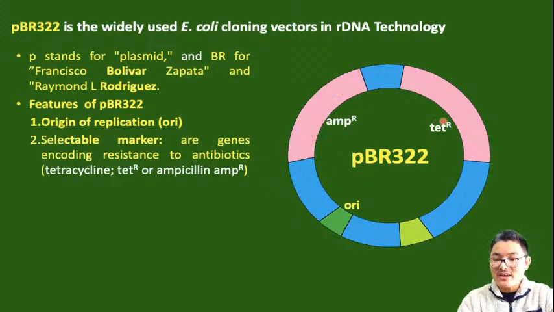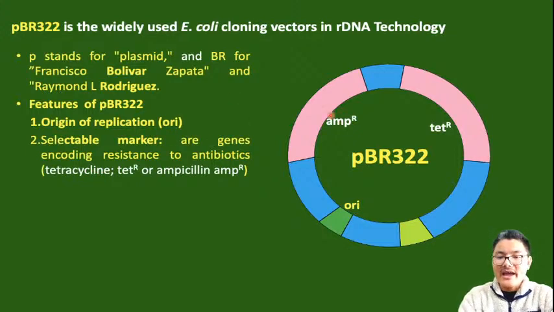And we also have another selectable marker. Selectable here means it helps in selecting transformants from non-transformants, recombinants from non-recombinants. I hope you remember the terms transformants and non-transformants, which we discussed yesterday.